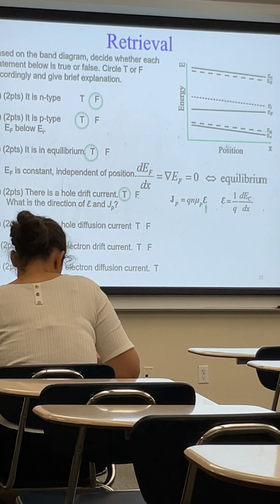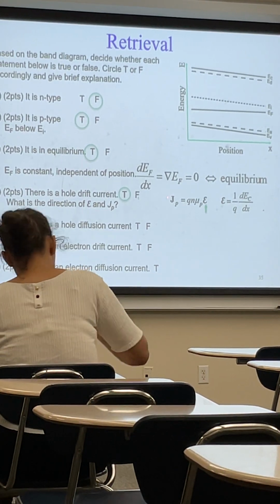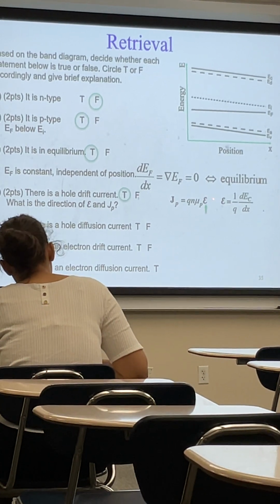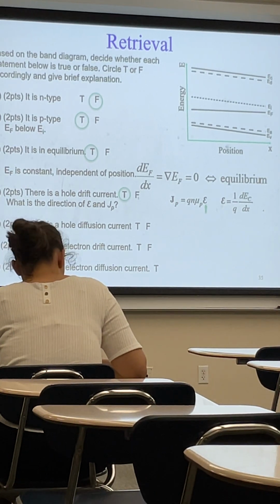Left, right? It's left because the direction of J is determined by E. If E is pointing to the left, then J will be along the same direction. Okay.